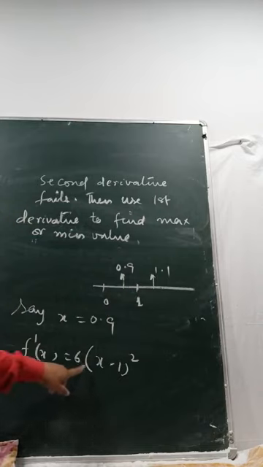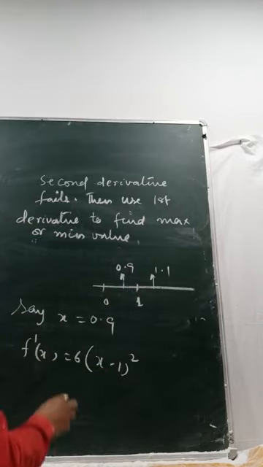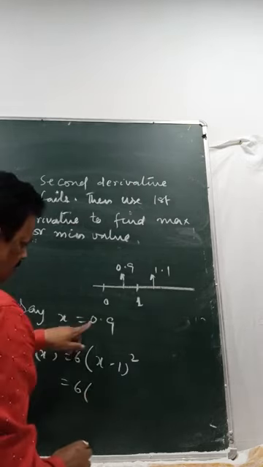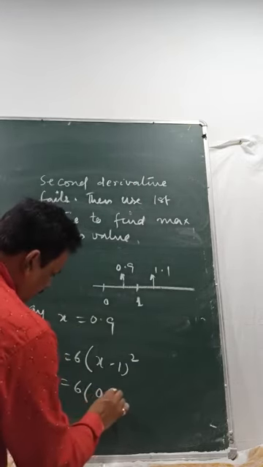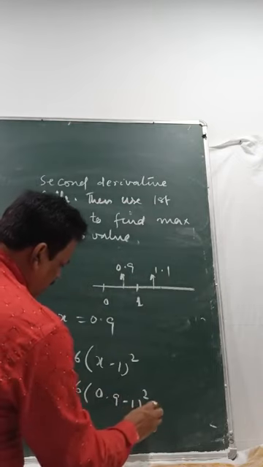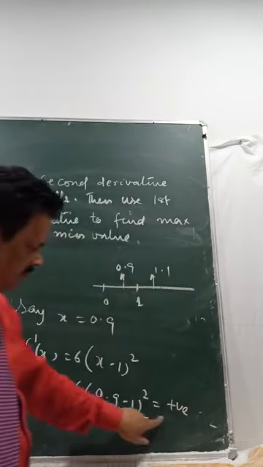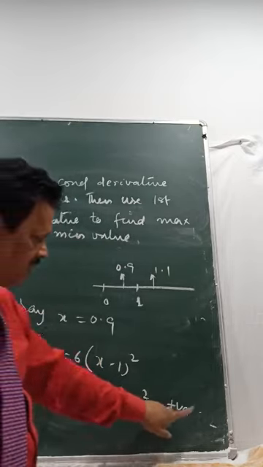F dash x, how much do you get? Now 6 into (0.9 minus 1) square, that means positive, because the square of any number is positive.